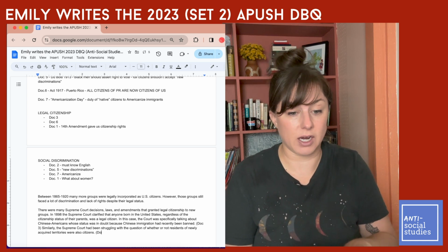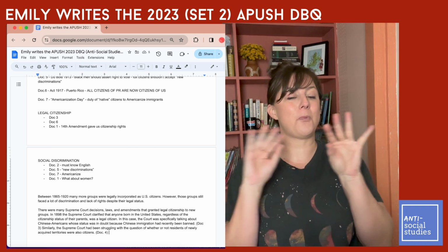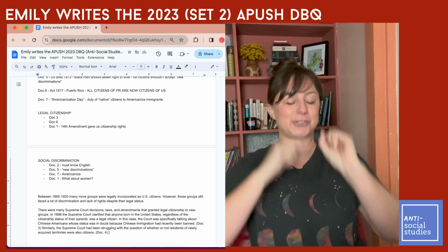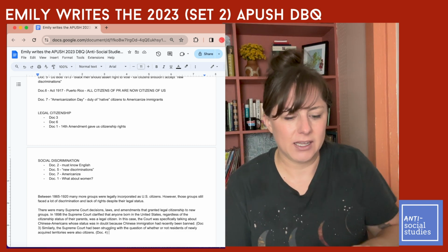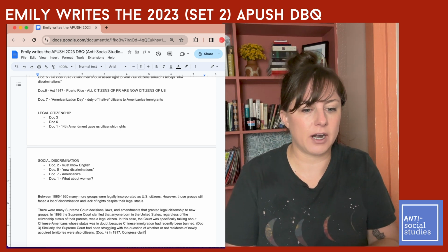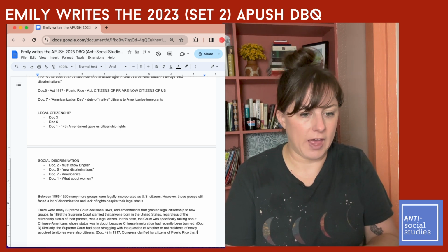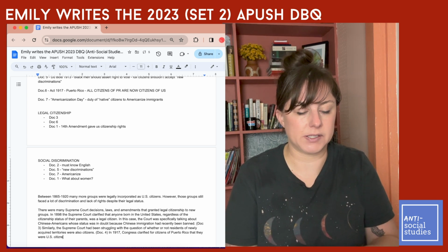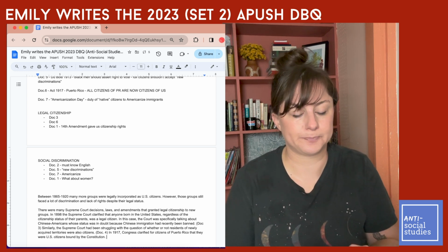And I'm going to throw document 4 in there because I got that. I don't quite know what side they came down on, but I know they were struggling with it. In 1917, Congress clarified for citizens of Puerto Rico that they were U.S. citizens bound by the Constitution.